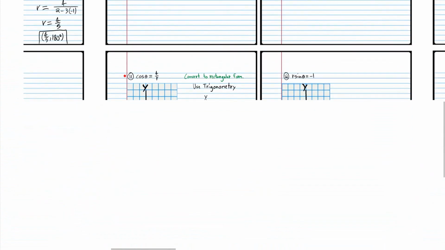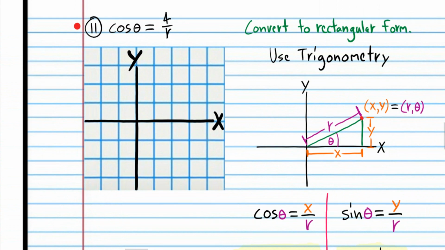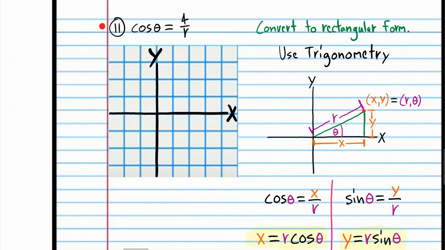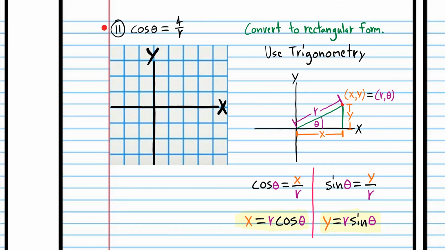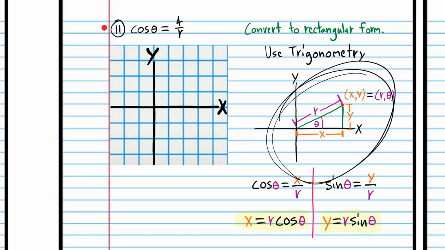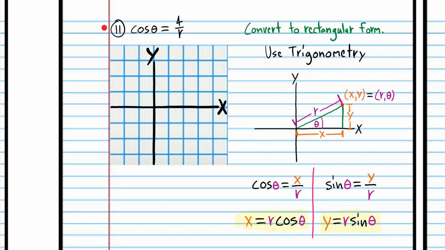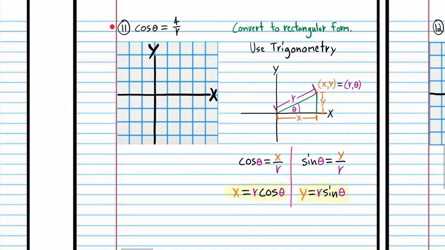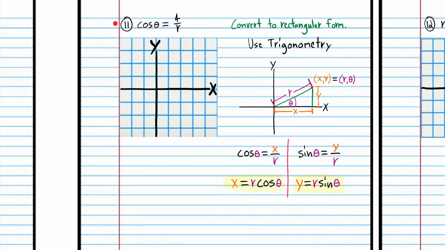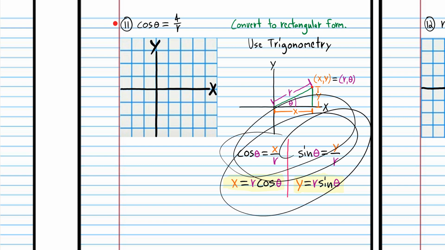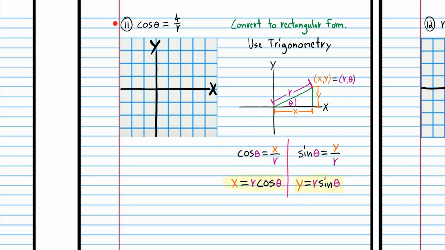Let's try another special problem. So remember, we use this picture to help us convert between rectangular coordinates and polar coordinates, and we can do the same when it comes to rectangular equations and polar equations. We use this picture. Recall in the previous class that we came up with these relations because we know basic trigonometry.